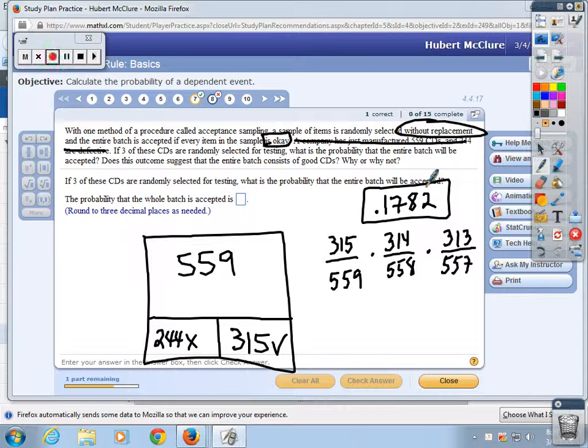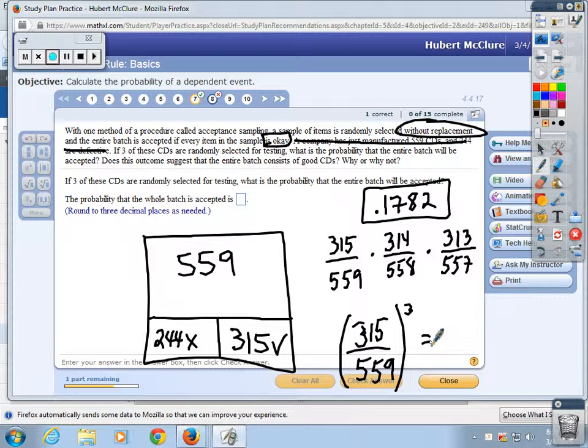Now let's see if there's a difference if we did it with replacement. Probably be just a little bit of difference on that last digit because the numbers aren't as high as we would like them. So that'd be 315 over 559 raised to the third power.